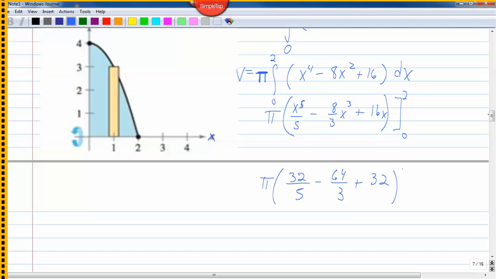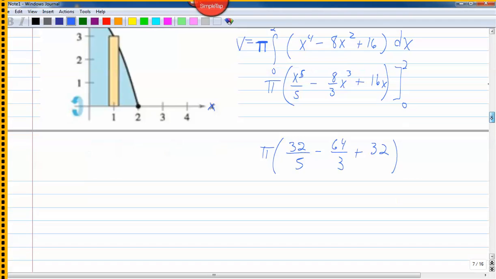Now what do I get when I plug in 0? 0, 0, 0. So you don't have to worry about plugging in the 0 on this one, because you just get 0. So just get a common denominator and put those numbers together. Common denominator of 15 would probably work.